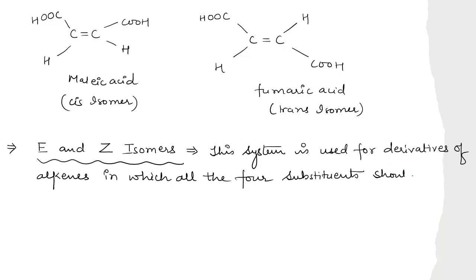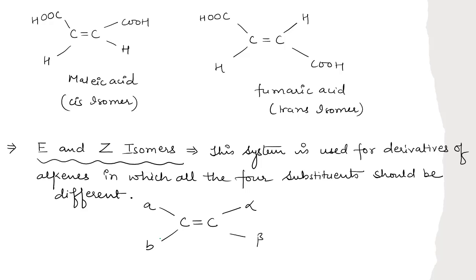Like this is a carbon-carbon double bond, with groups alpha, beta, A and B. If all the four groups attached to the carbon-carbon double bond are different, then it is applicable for E and Z isomerism. Understood? E and Z isomerism.